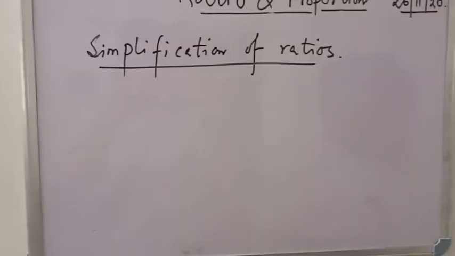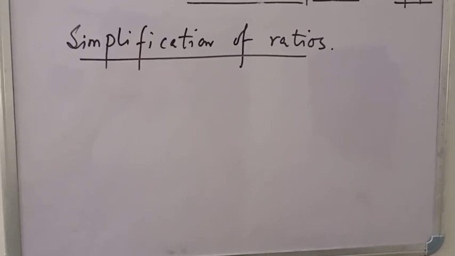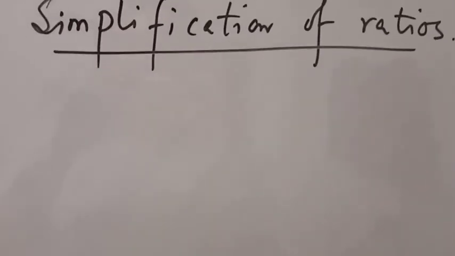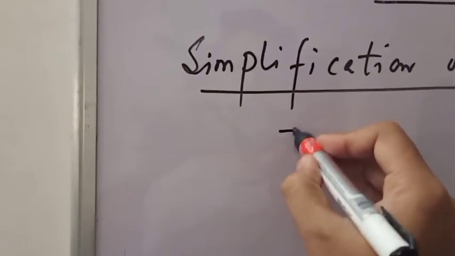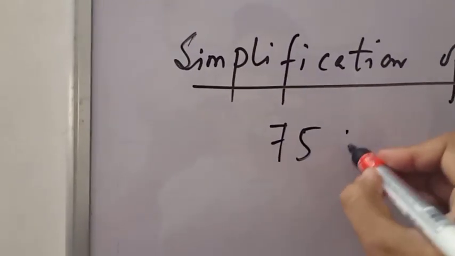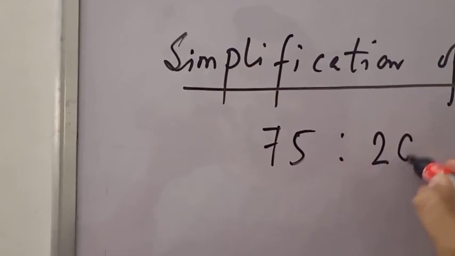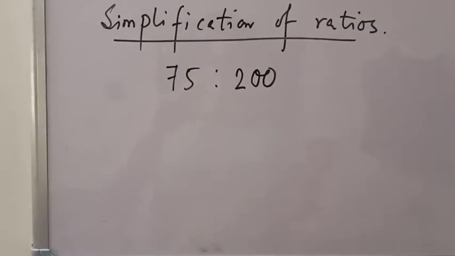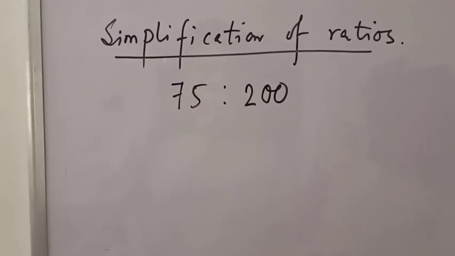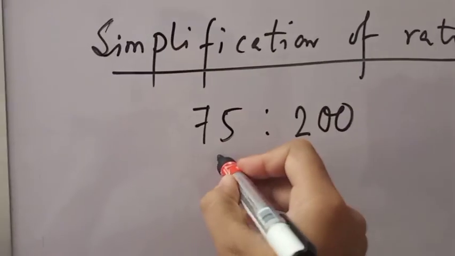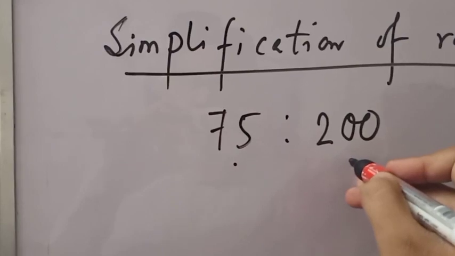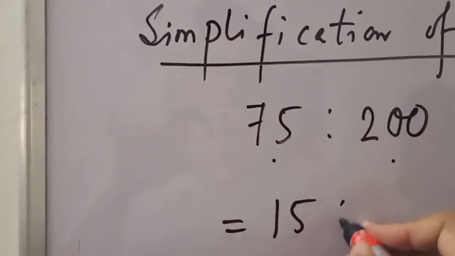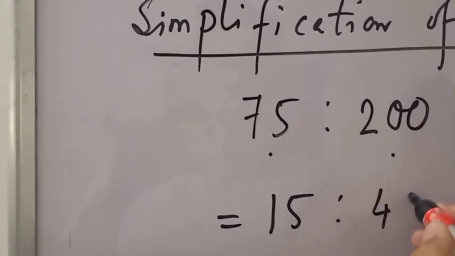Next, we are going to discuss simplification of ratios. What is the simplification of ratios? Suppose a ratio is given, 75 is to 200. Now you have to simplify it. That means you have to divide both by the same number. If you divide by 5, then you also divide this number by 5. This is 15 and this is 40.